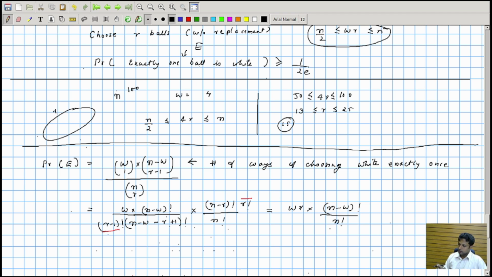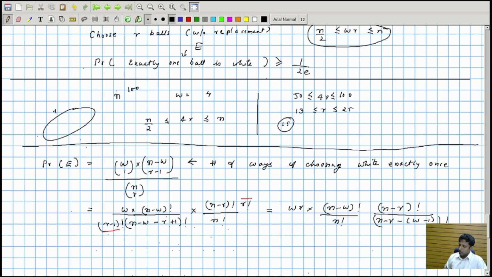This is going to contain something like W terms, W minus 1, and then n minus R factorial divided by n minus R minus W minus 1 factorial.